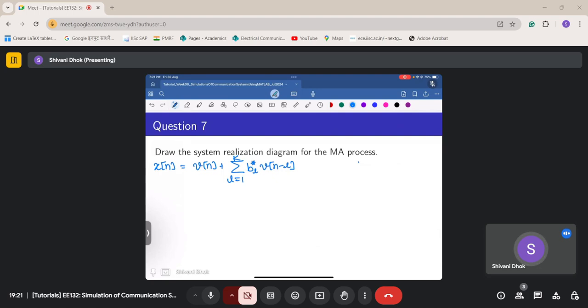Again here input is v of n and output is x of n. So we have input v of n here and then we have output x of n here.